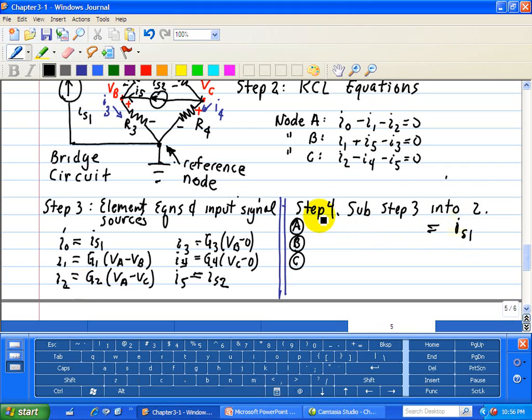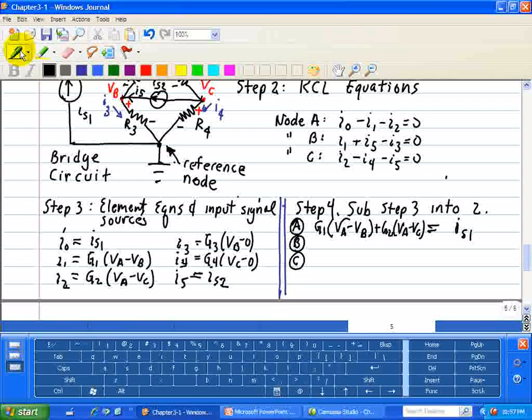So we just substitute G1 times VA minus VB for I1, and then I2 is just plus G2 times VA minus VC. So all we did was substitute into our node equations.